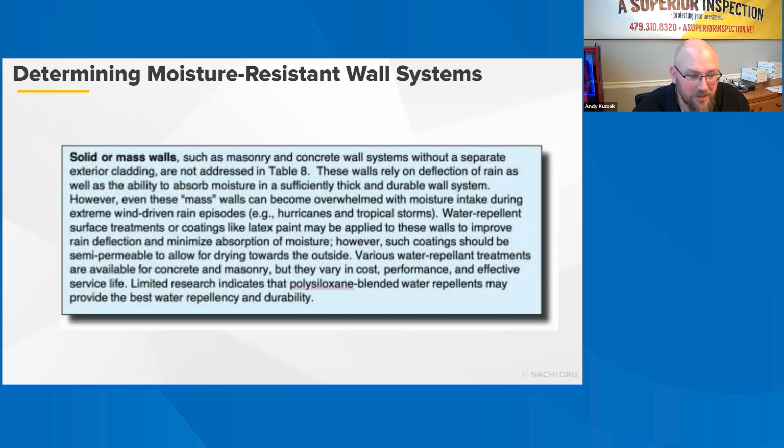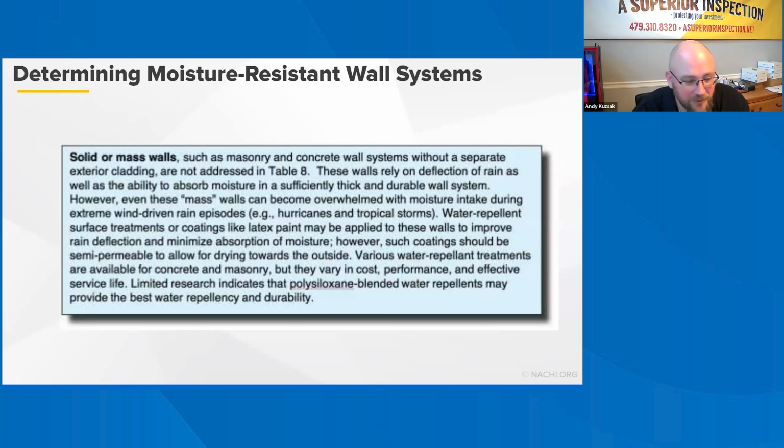If it was newly applied, in my inspection reports, I would make a mention that some type of a masonry sealant was applied, especially if it's a different color. But I would recommend long-term monitoring to determine whether or not it has a permeability to allow for moisture to dry to the exterior.